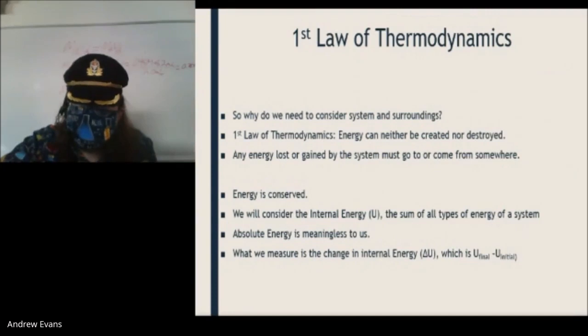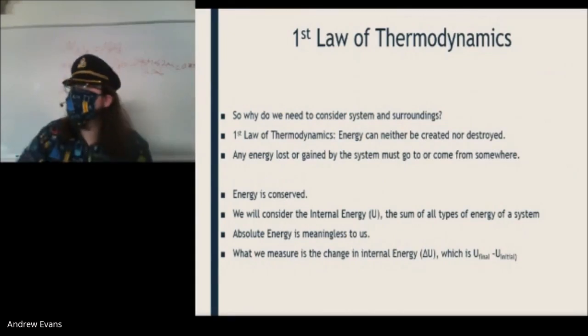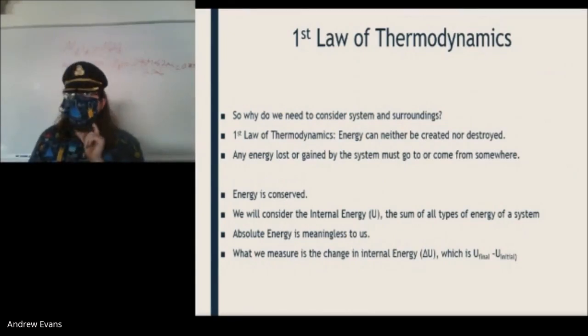But okay, so we need to consider the system and the surroundings. When we combine the system and the surroundings, the net change in energy is zero. The truth of this, the first law of thermodynamics, we kind of discussed previously, is that energy can neither be created nor destroyed. It has to come from somewhere, or it has to go somewhere. If I'm running around, I get super hot and sweaty, heat leaves my body. Where does it go? To the surroundings.